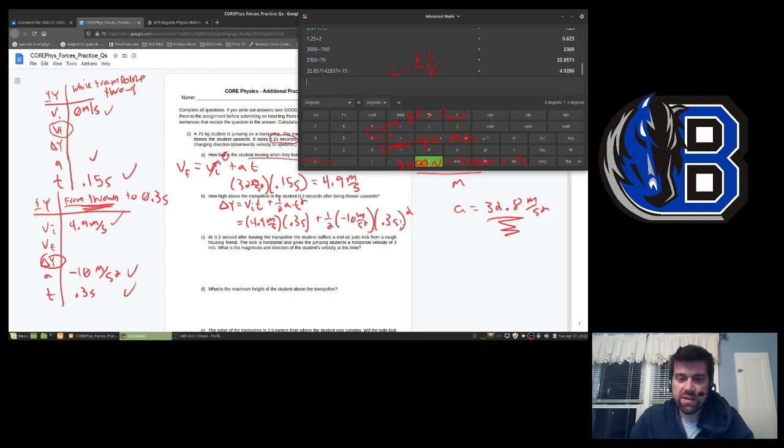So I got 4.9 times 0.3, and calculators have no order of operations, but I like to do parentheses just to make myself feel better about it. Times 0.3. When in doubt, more parentheses. So Vit plus 1/2 at squared. 1.02 meters.